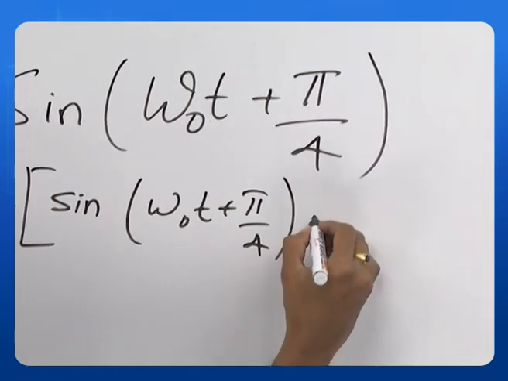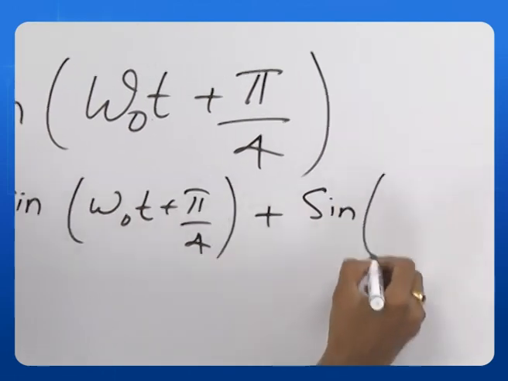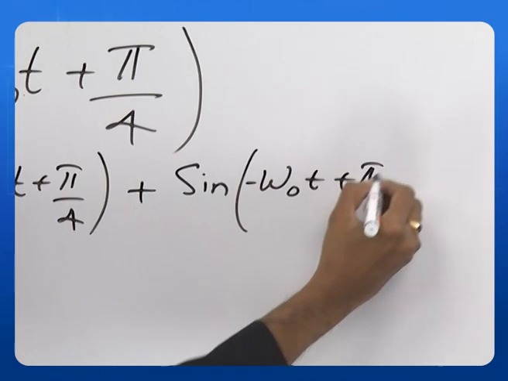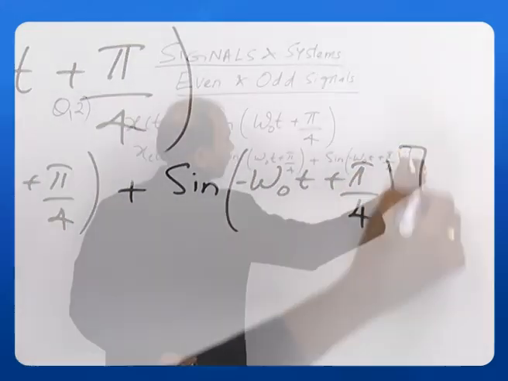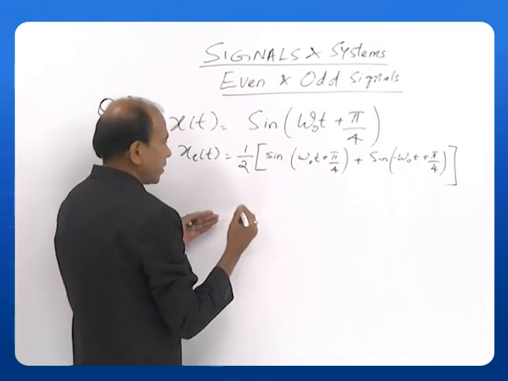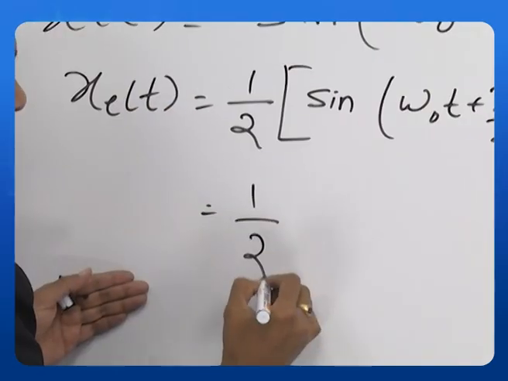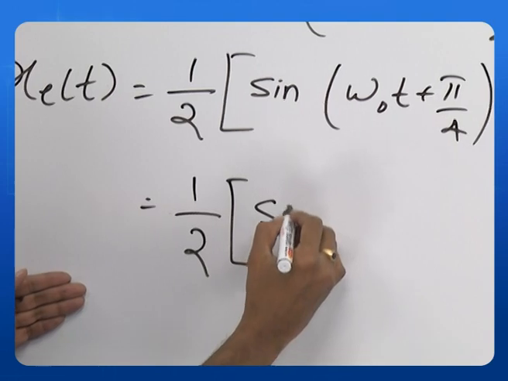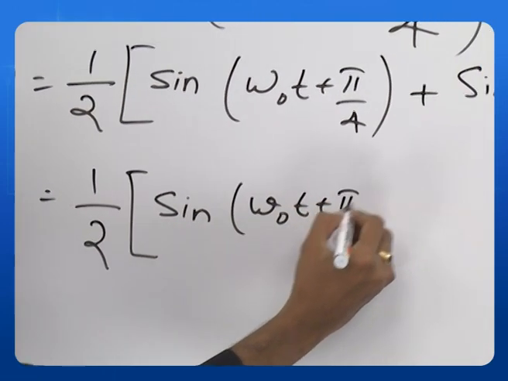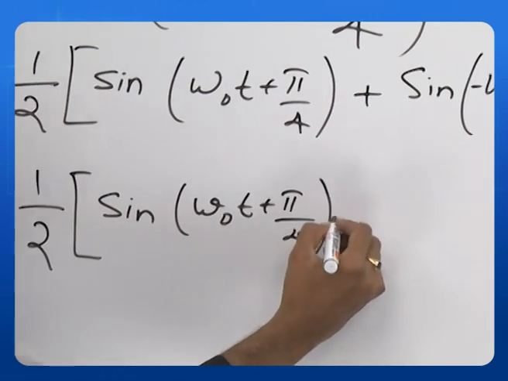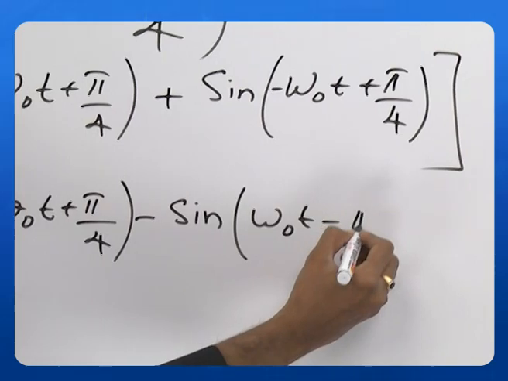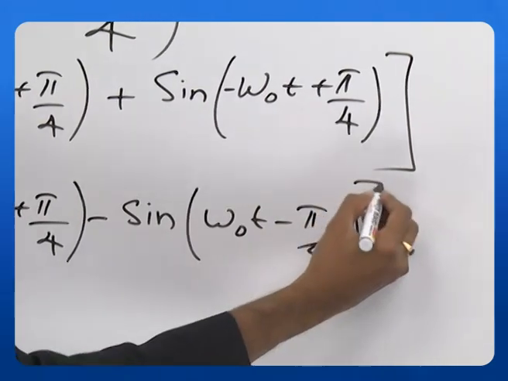So, here it is omega naught minus omega naught t plus pi by 4. Now, this negative sign will bring out. So, this will become half of sine omega naught t plus pi by 4 minus sine omega naught t minus pi by 4.